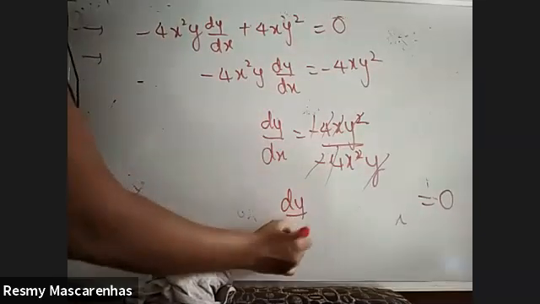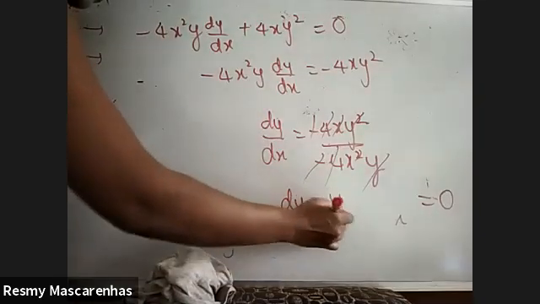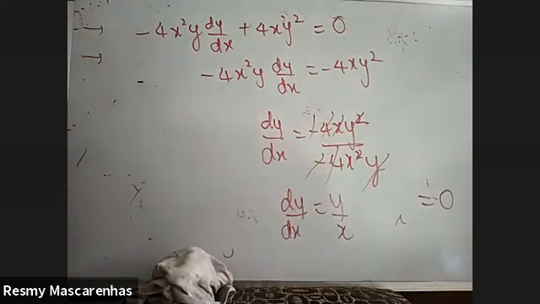And what will remain is y upon x. So this is the answer that was expected. What I did is differentiate the whole thing first and then simplify. Keep dy by dx as it is, take the remaining terms on the other side.